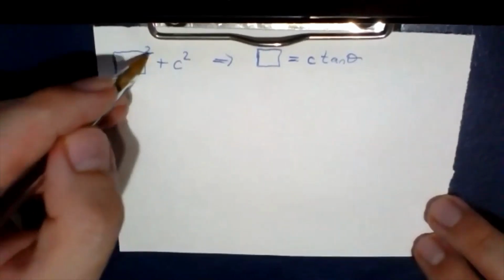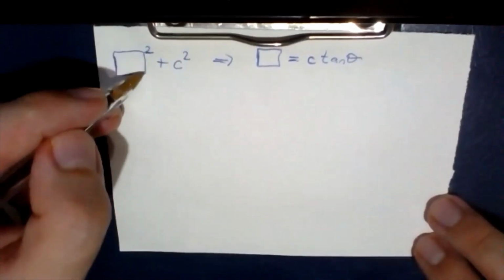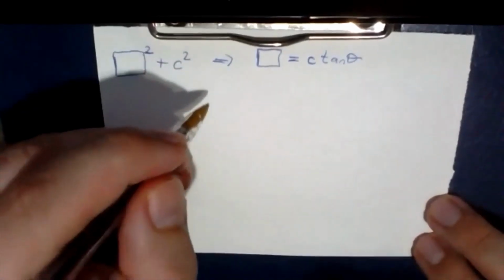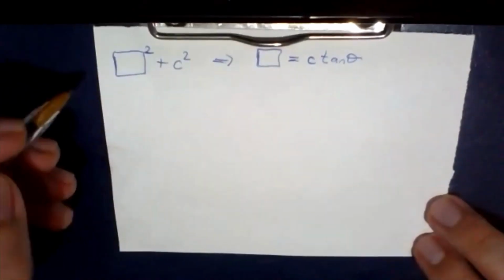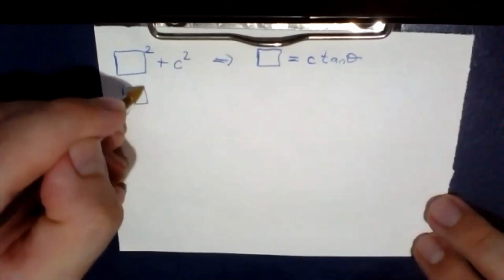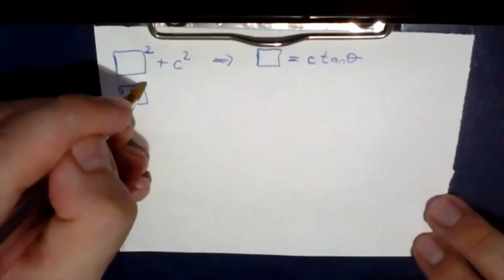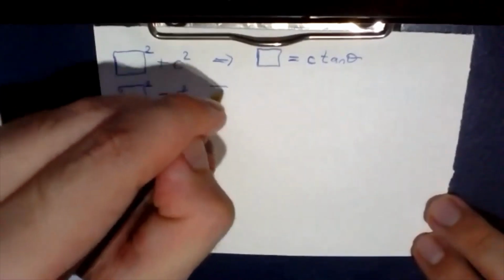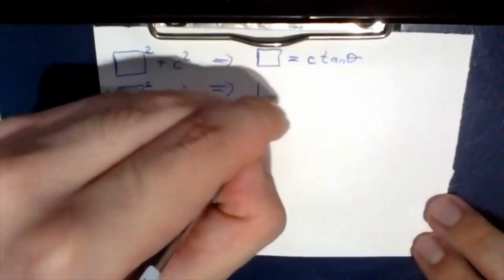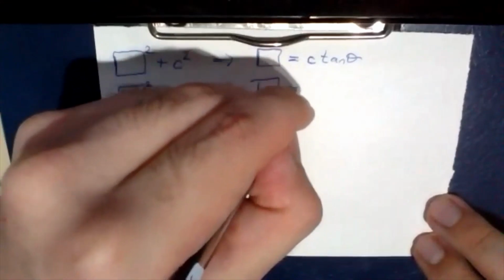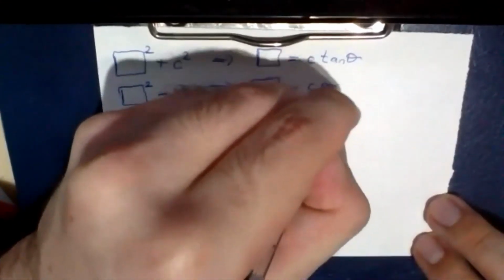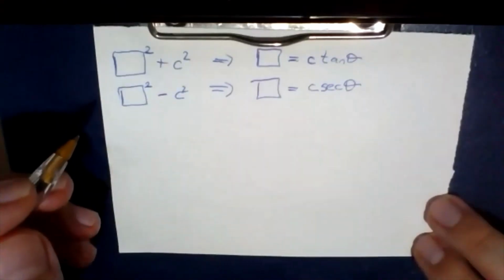If we have square root of something, I write box for it, plus a constant, we should apply substitution, square root of c times tangent theta. Or maybe we have in our integrand square root of something minus a constant number. In that case, we should make the substitution, square root of the constant times secant theta.